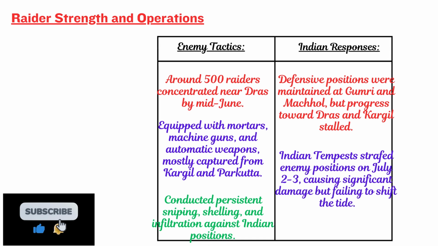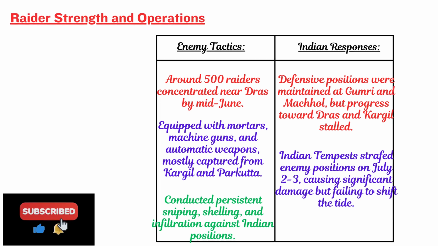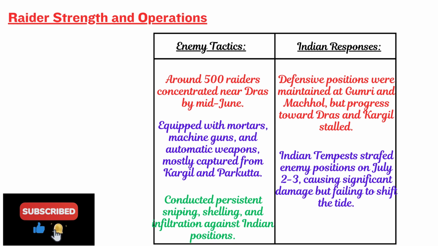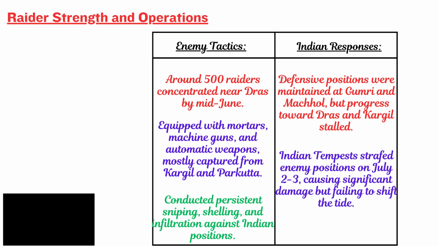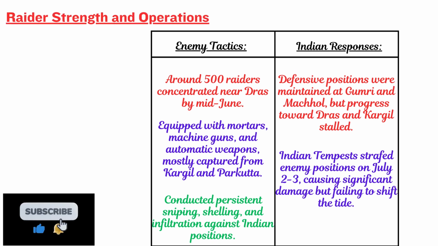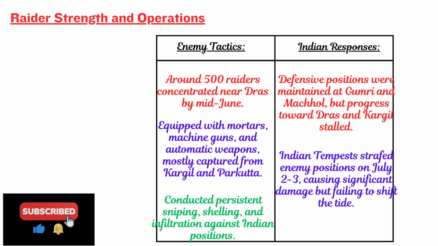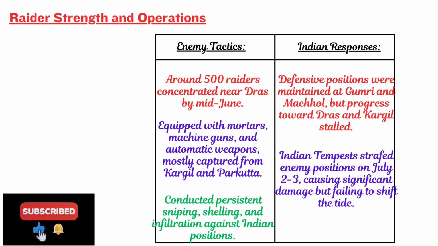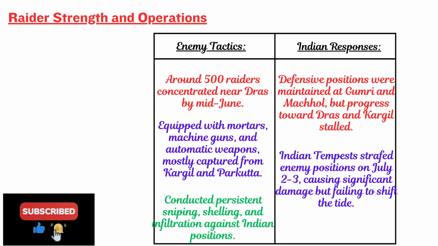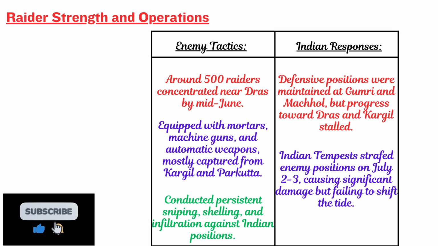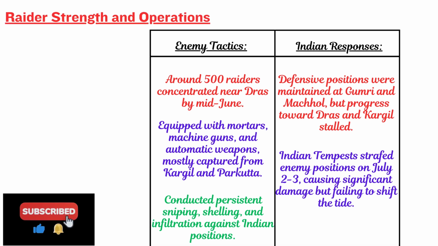Despite their efforts to hold defensive positions and strike back, the challenges remained immense. Indian forces maintained defensive positions at Gumri and Machol, attempting to hold the line against raider advances. However, efforts to regain Dras and Kargil stalled due to logistical challenges, constant raider pressure through sniping, shelling, and ambushes.